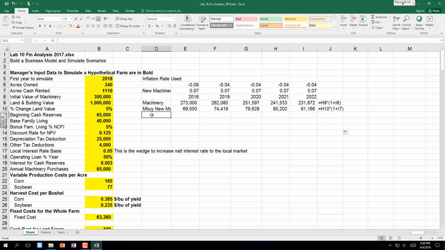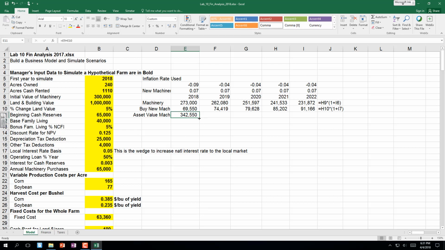Now, the asset value of machinery is equal to what the used equipment is plus what I purchased.